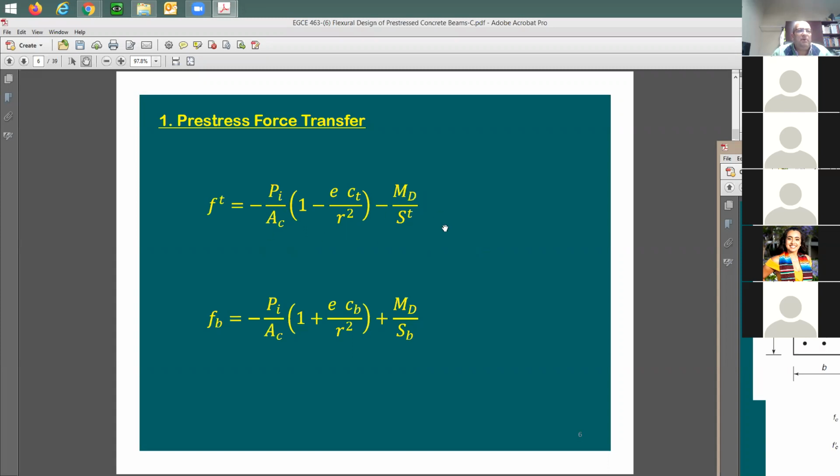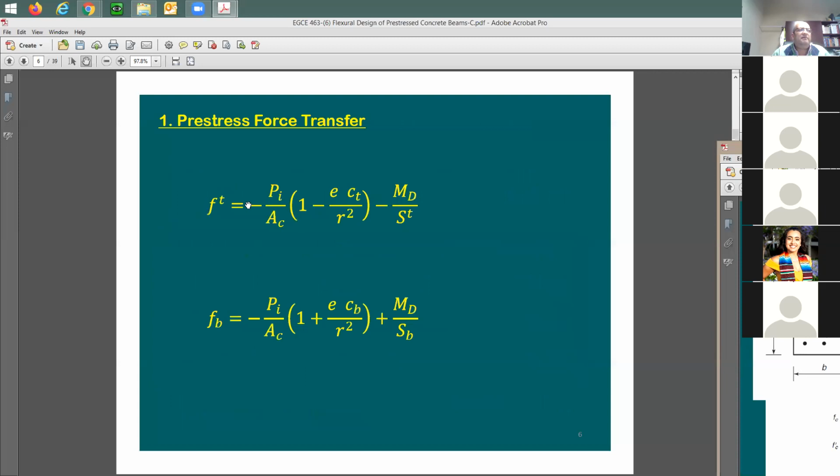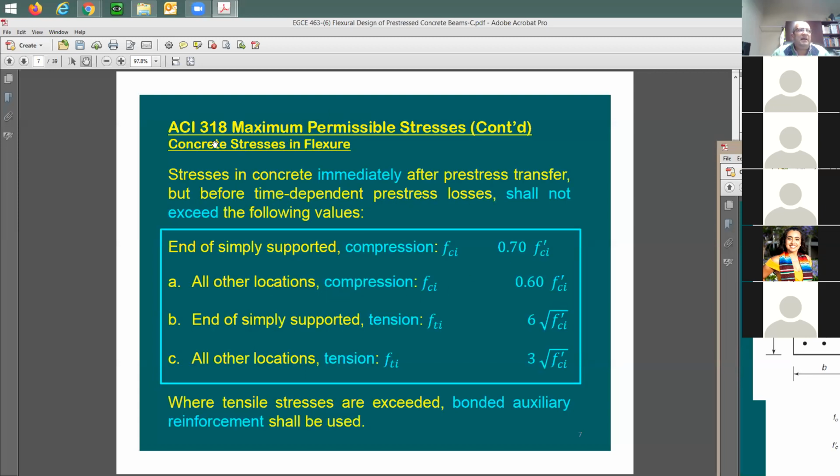And this all is going to be numerical values, right? Then we have also the stress limits that we need to be careful about, top and bottom. We went through this already. This just repeats the slide from the past, but I'd like to put it together when it comes to beam design. So at the beginning, here is top and bottom at the time of transfer, and this is going to be the allowable stresses at the time of transfer.